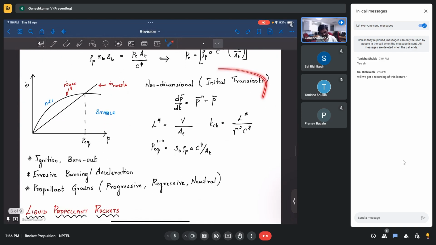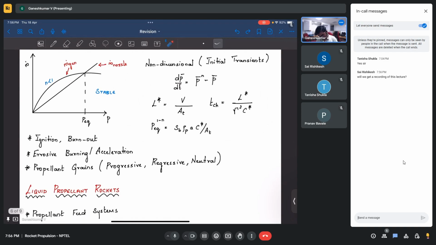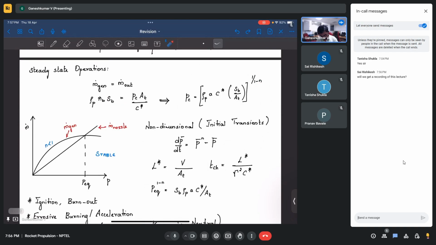And then during the initial transients, that also we studied. We also introduced a parameter called L star, which we will revisit at the end of this session. Now, this parameter n has to be less than 1 in order to have a stable operation, because of the play between the mass flow rate of the propellant burning and the mass flow rate through the nozzle.